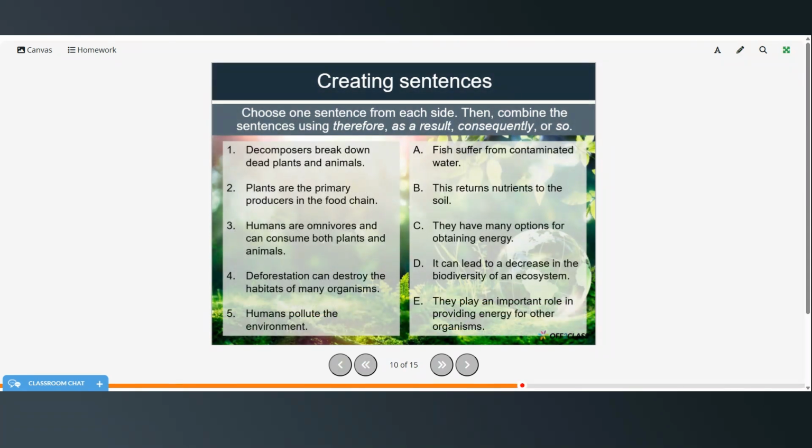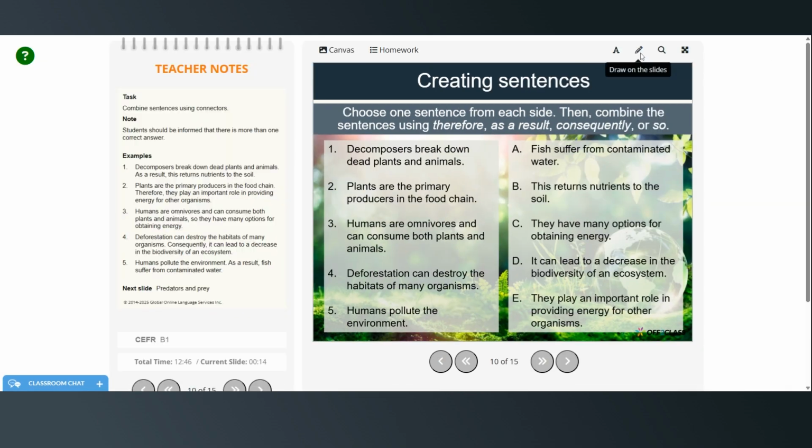All right, same thing here. You're going to use therefore, as a result, consequently, or so to connect the sentences. And here are some example answers. Decomposers break down dead plants and animals. As a result, this returns nutrients to the soil.